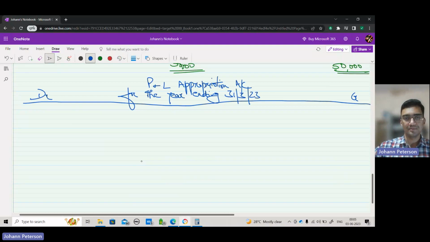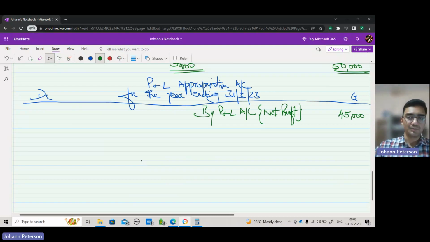Debit and credit. Here again the same 4 columns. For sake of simplicity, I'm not writing it. The first item which I'm going to bring down in this account is my profit. So I'm going to write it on the credit side by P and L account. In brackets, I can write net profit. So how much did I bring from there? 45,000.